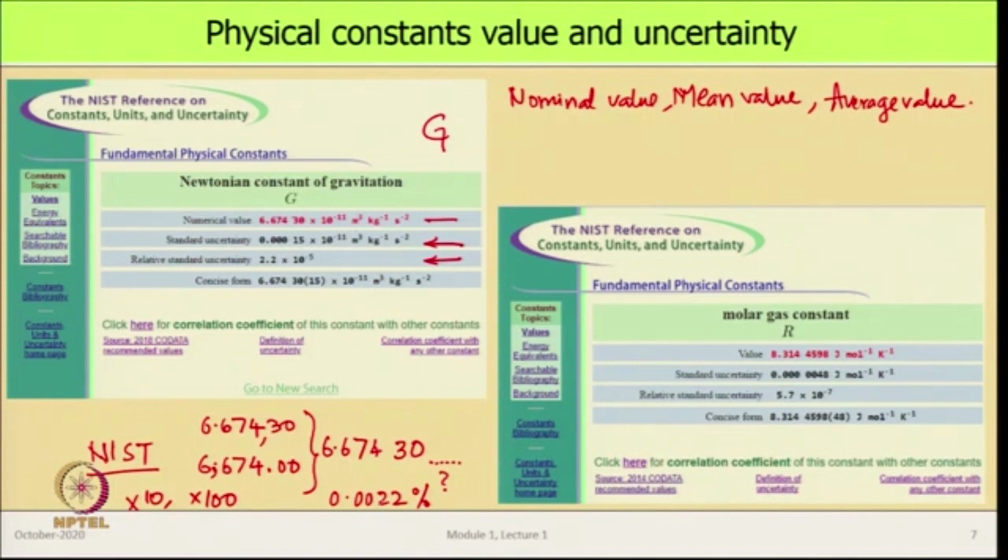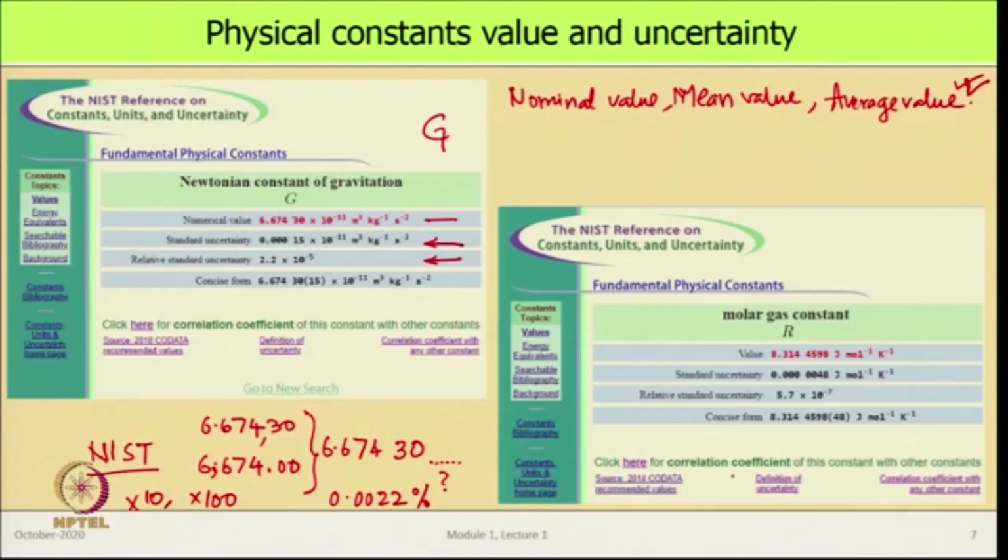Another example is in the second picture here, the molar gas constant R, which we have used so many times in many subjects. Its value is 8.3144598 joules per mole per Kelvin. This is the same thing as what we have said over here. Its standard uncertainty is given here. It is 5 zeros and then 48 joules per mole per Kelvin.